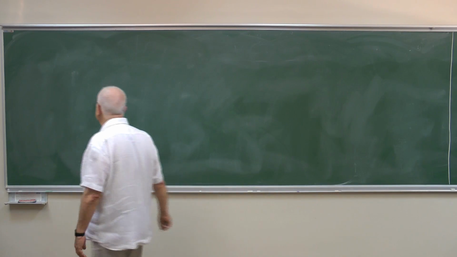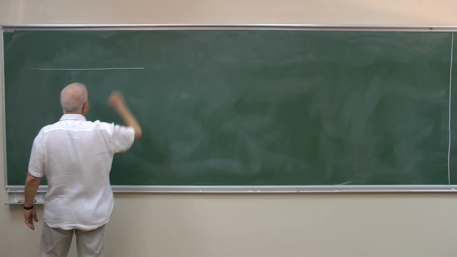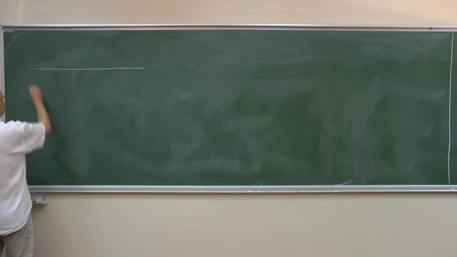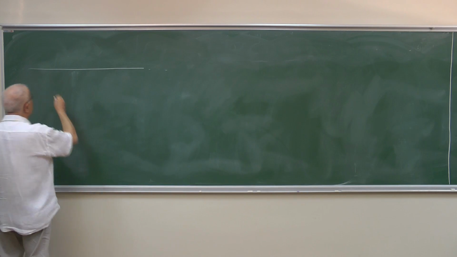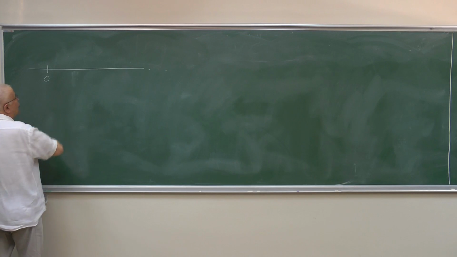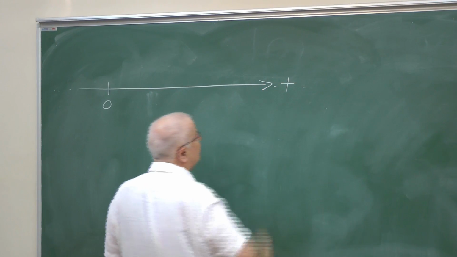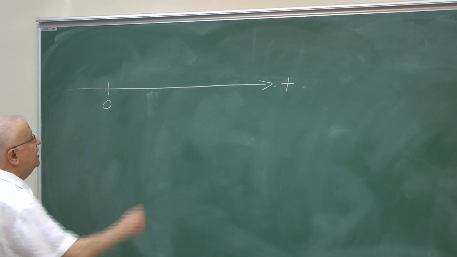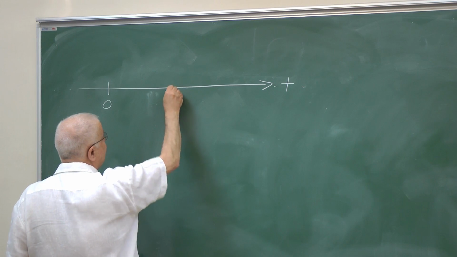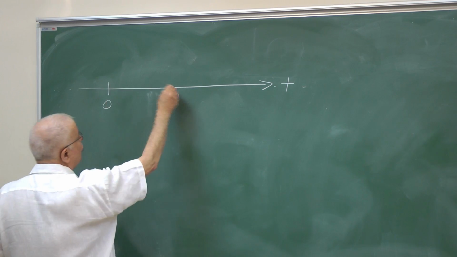If we take this real axis, an infinite line in both directions, arbitrarily set up an origin and arbitrarily assign an increasing direction, then a point P here may be labeled by its distance from the origin.